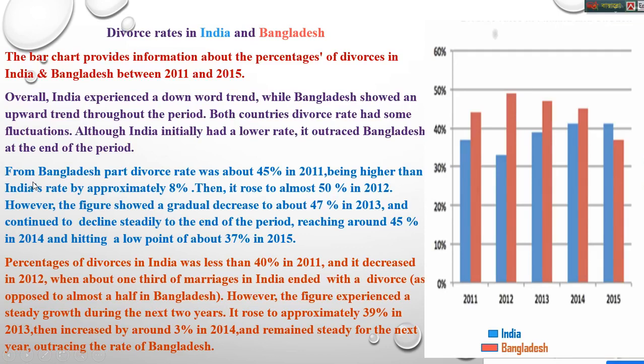And then you see, Bangladesh's divorce rate was about 45% in 2011, being higher than India's rate by approximately 8%, then it rose to almost 50% in 2012. However, the figure showed a gradual decrease to about 47% in 2013 and continued to decline steadily to the end of the period, reaching around 45% in 2014 and hitting a low point of about 37% in 2015.